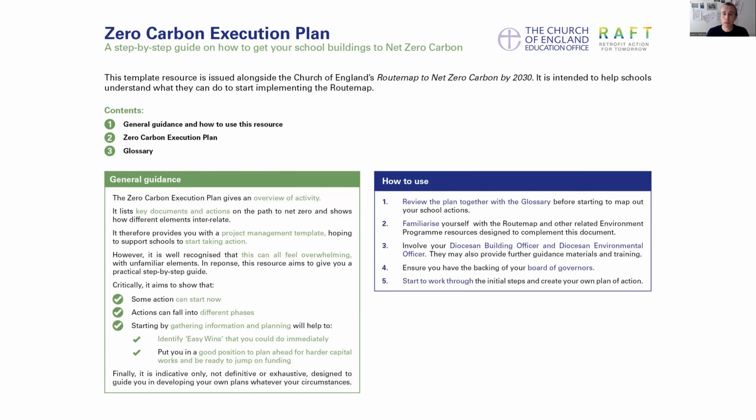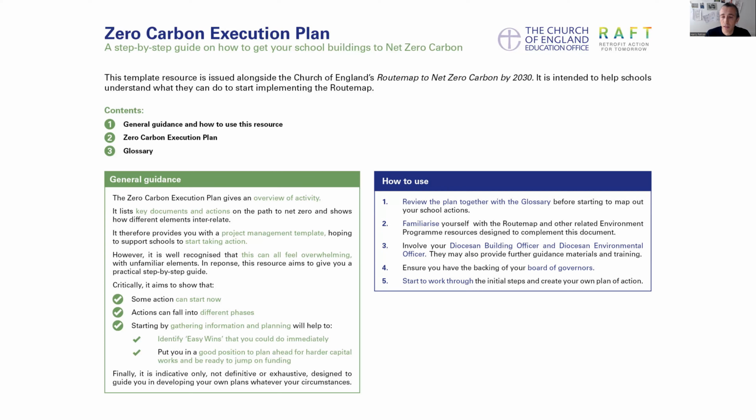We've got a how-to-use section, where we're suggesting 5 key steps. First of all, reviewing the plan together with the glossary to make sure all the terms are fully understood. We then encourage people to familiarize themselves with the route map and any other resources, then connecting with diocesan environmental and building officers.